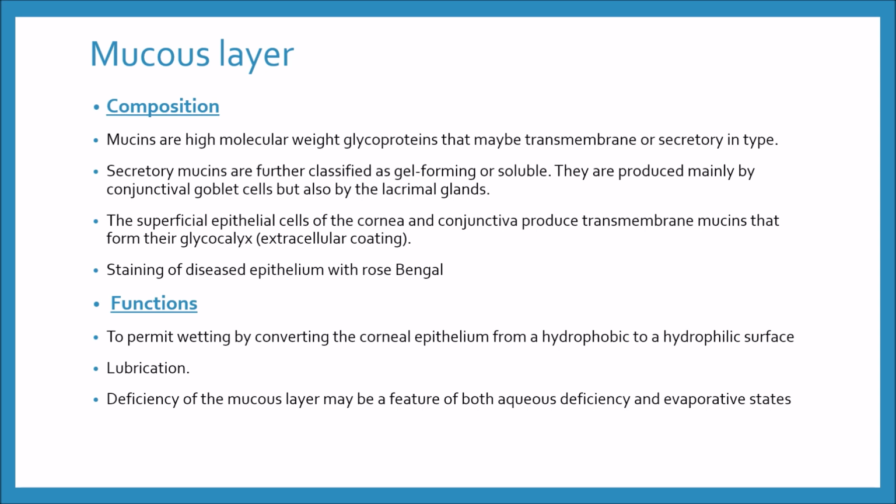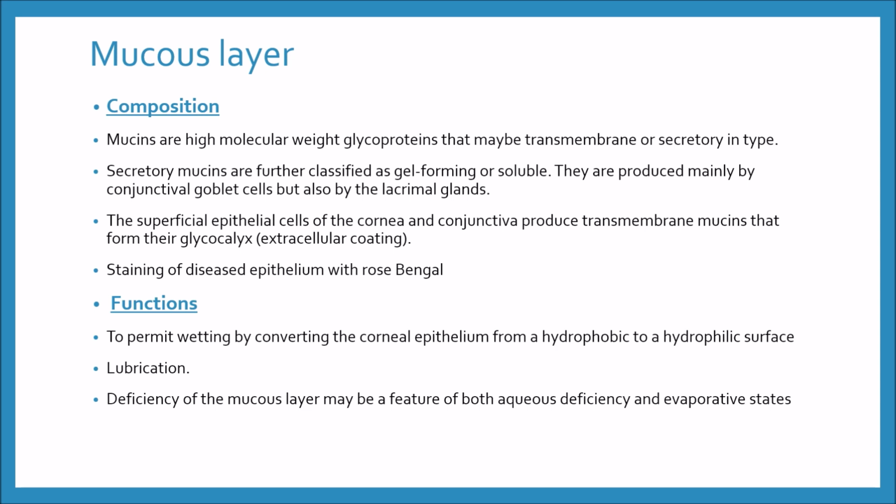Damage to the epithelial cells will prevent normal tear film adherence. Functions include number 1, to permit wetting by converting the corneal epithelium from a hydrophobic to a hydrophilic surface. Number 2, lubrication.